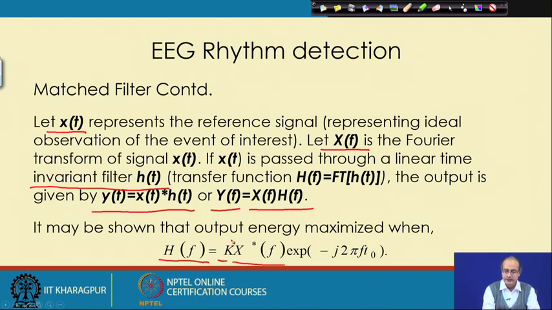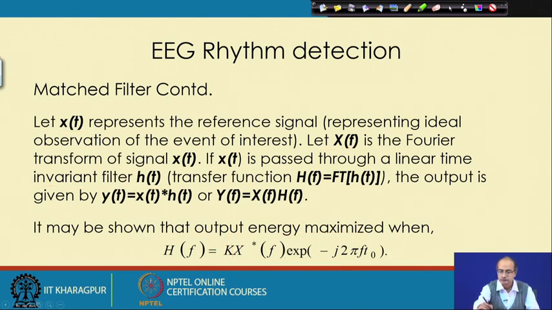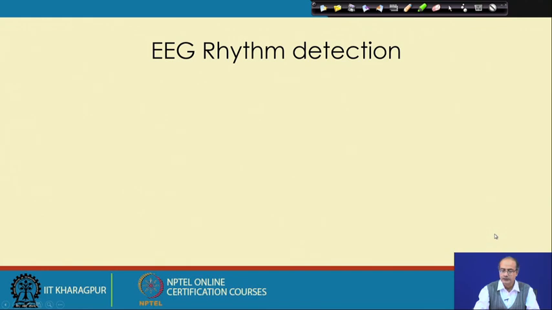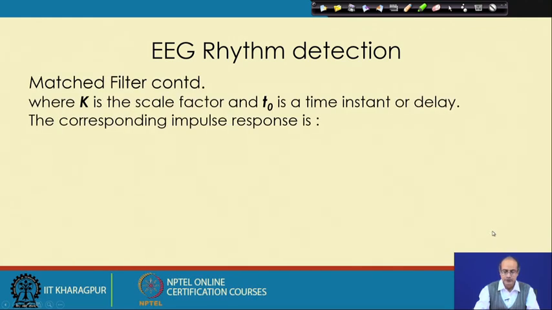So, this k is giving a scaling and this part is giving a delay. Let us look at how the impulse response would be. In this case the corresponding impulse response of the filter h(t) would be k times x(t0 minus t).